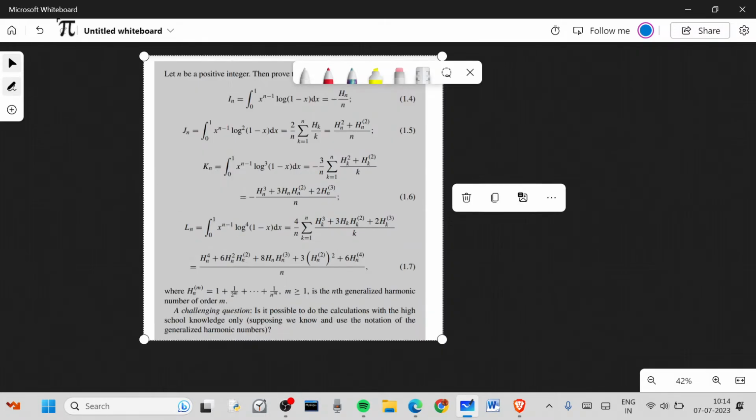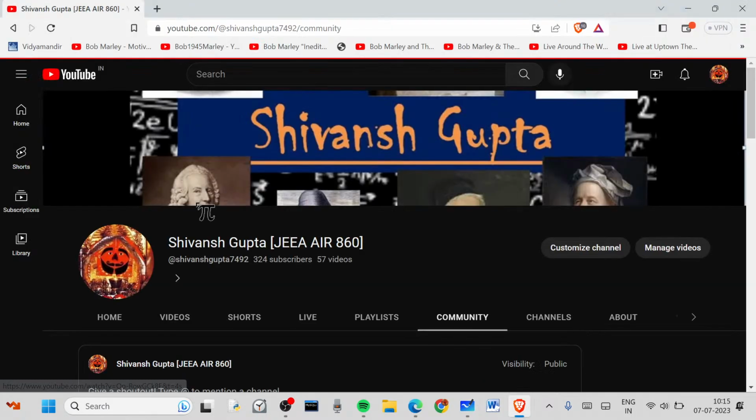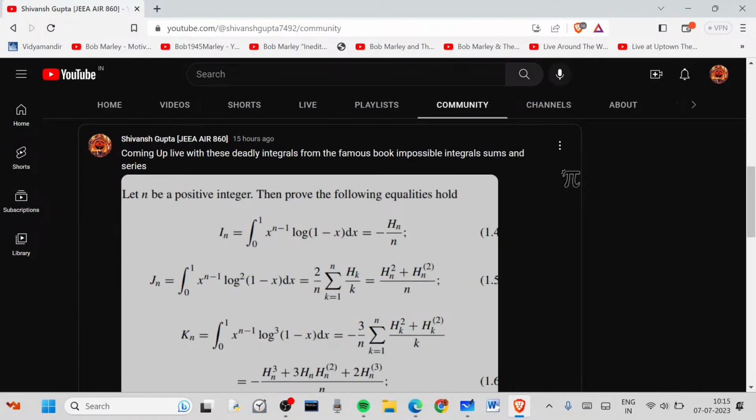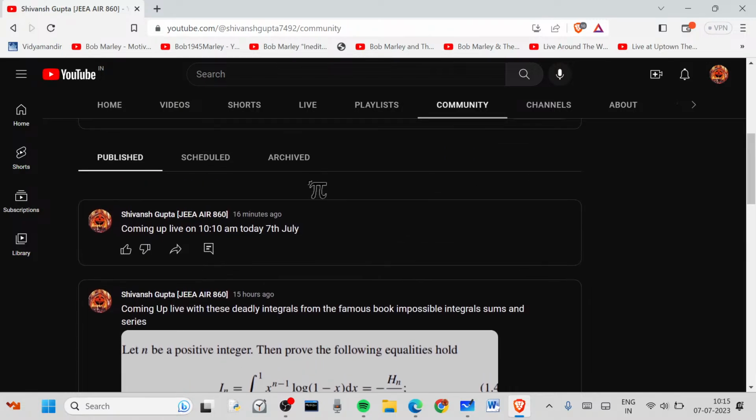Our mission for today is that we find a solution to all four integrals, and let's see what we can do. I'm really clueless. I put up a post yesterday saying I'm coming up with these deadly integrals and that I would like to solve them live, and today in the morning, just 16 minutes before, I told you I'm coming live. So let's start.